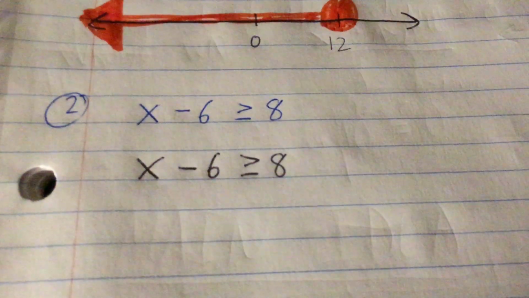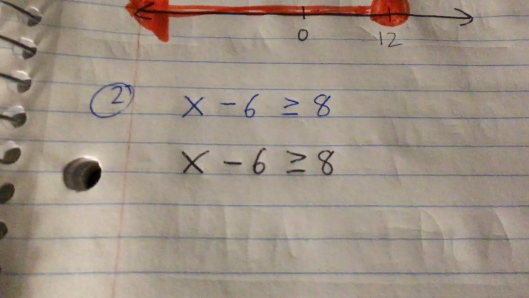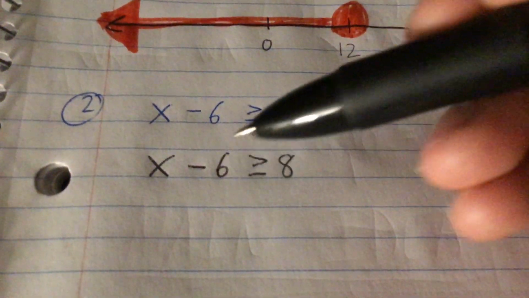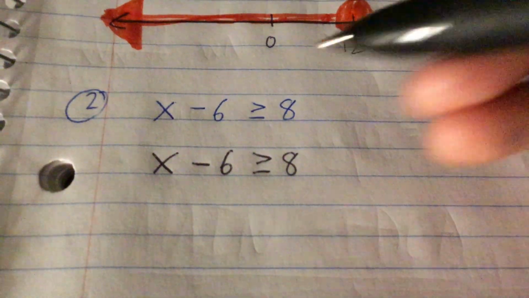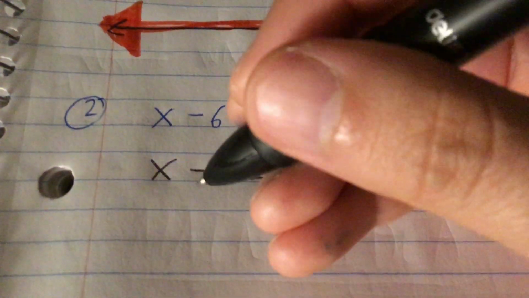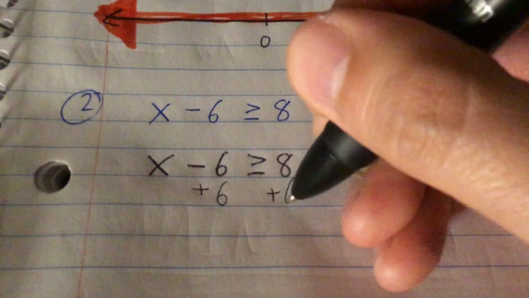All right, x minus 6 is greater than or equal to 8. If this was an equation, how do we solve x minus 6 equals 8 for x? We would need to add 6 to both sides.